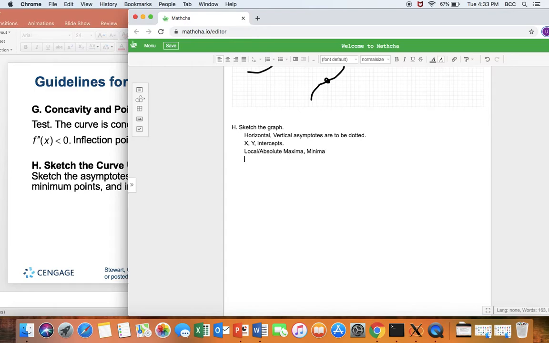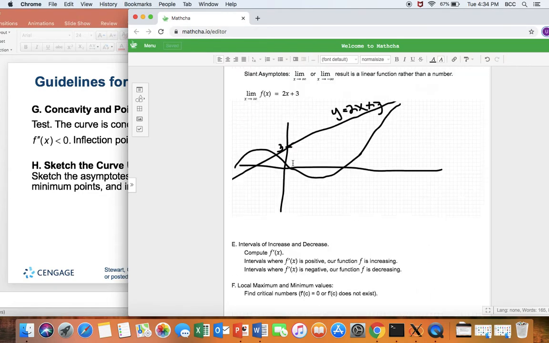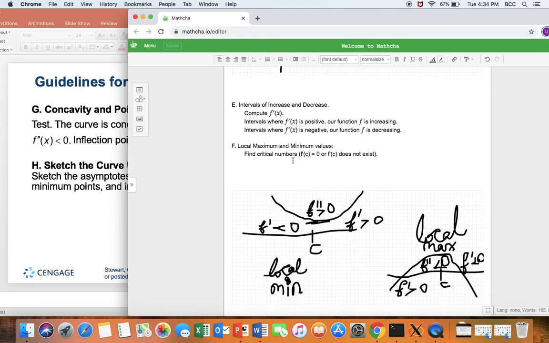Then don't forget to point out inflection points. So all these are important features which must be pointed out in your sketch. So you have a long checklist here. You need to go through all of them.